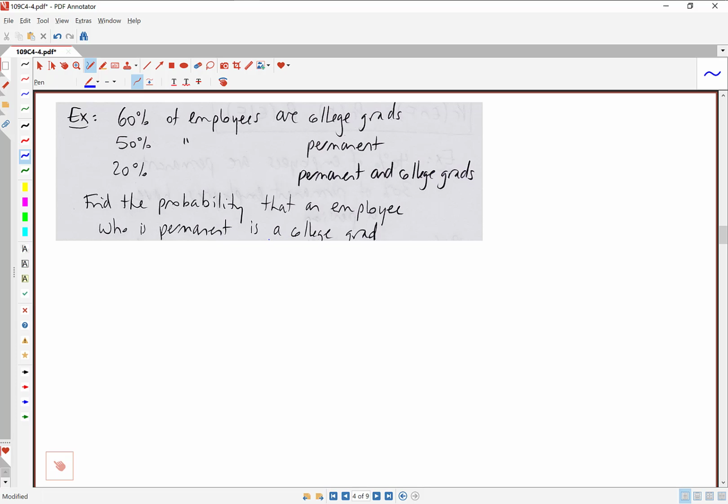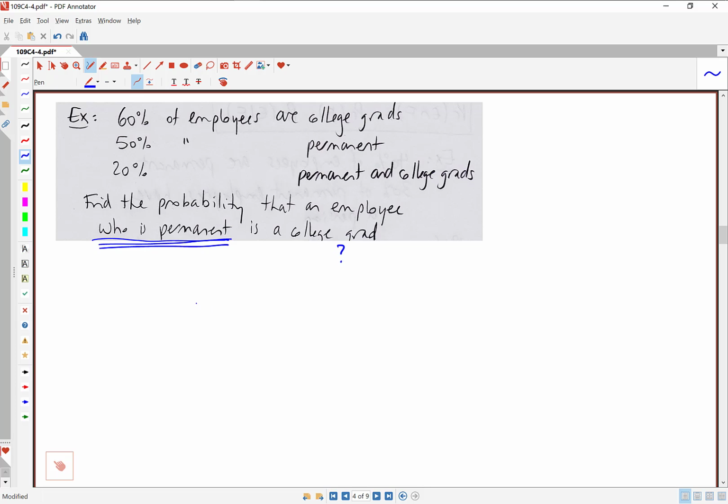And this is where the sentence structure can be helpful. Find the probability that an employee who is permanent. This is what we know for sure about the employee. We're looking at an employee who is permanent, and what we want to know about them is the likelihood that they are a college grad.